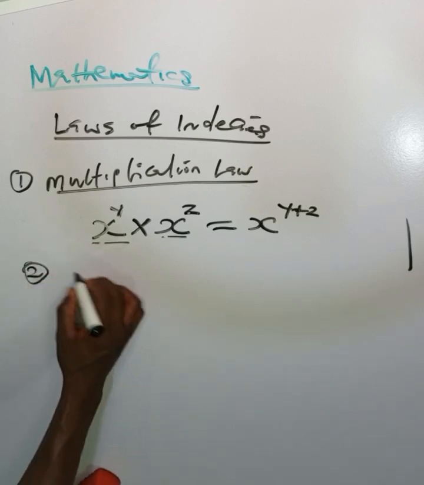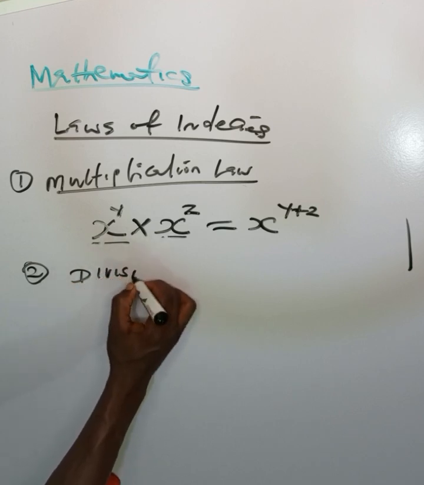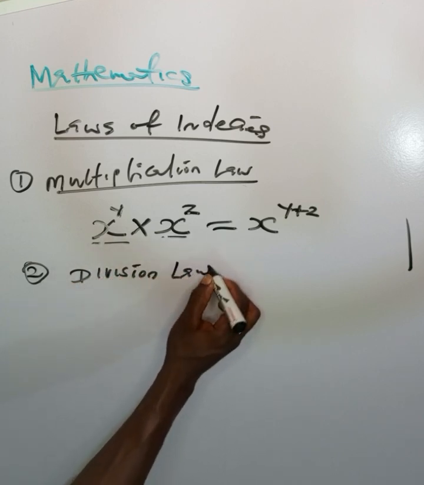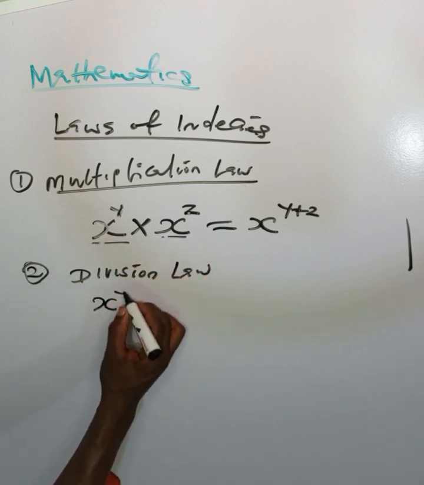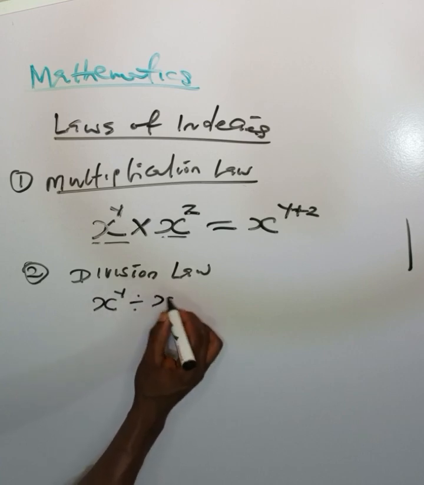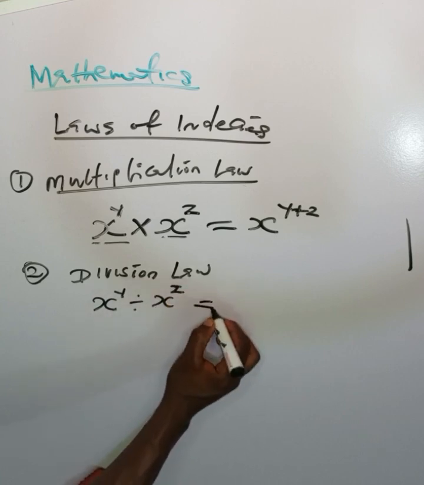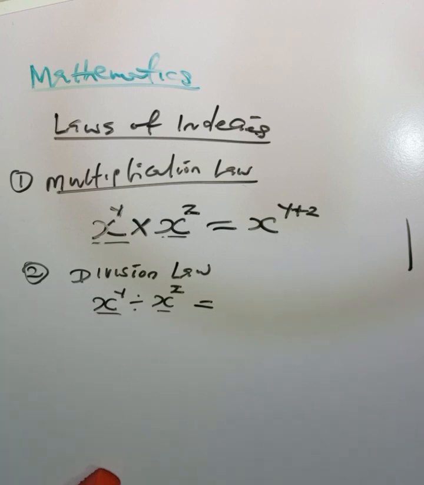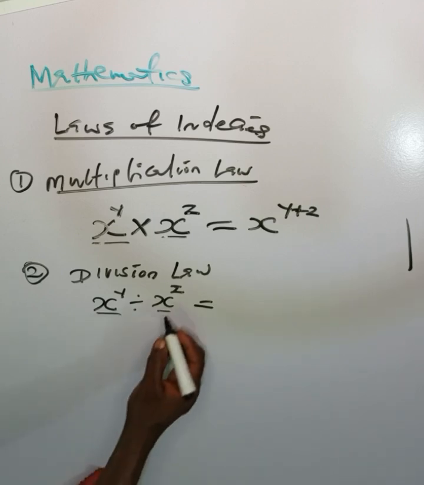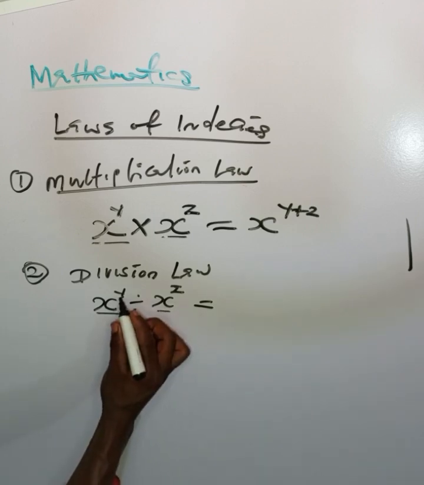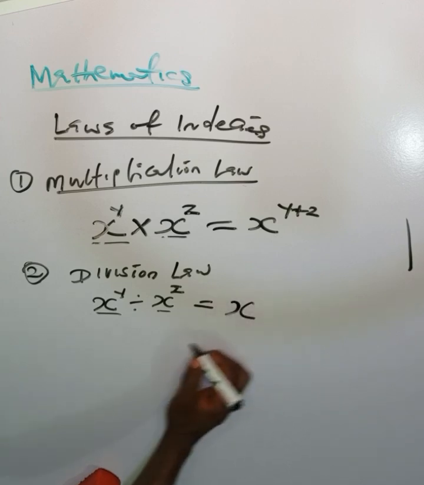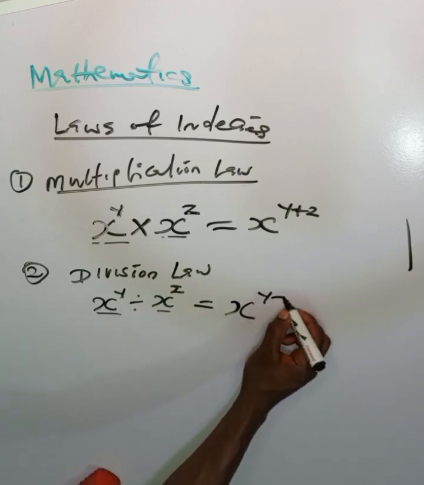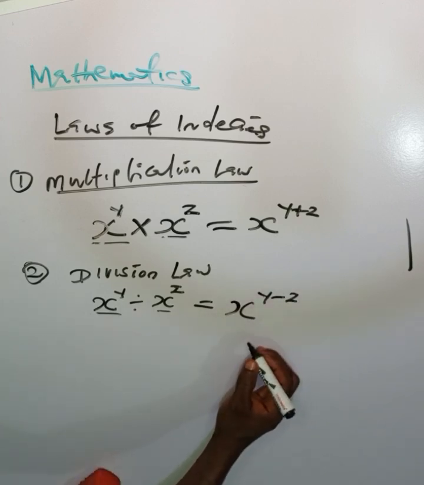The next one is division law. When you have x raised to power y divided by x raised to power z, if the base is the same and is dividing, you subtract the powers. The denominator is subtracted from the numerator. That is x, take the base, y minus z.